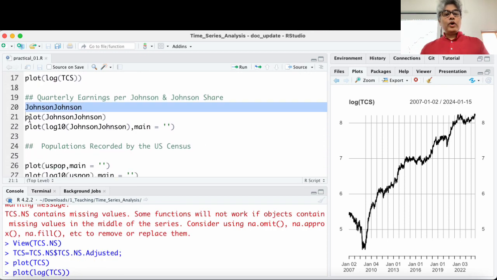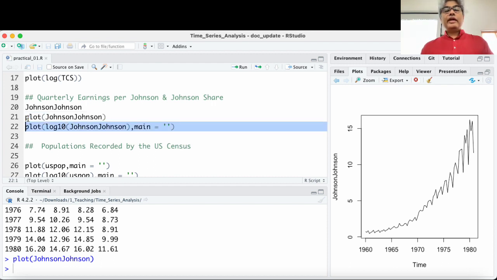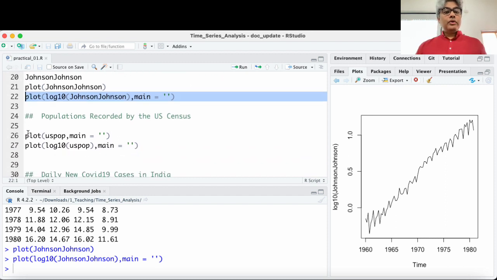Then if you plot that, you can see that during 1960 to 1980, Johnson & Johnson's profit per share was growing at an exponential rate. And if I take a log transformation base 10, we see a similar pattern, that it gets stabilized, and we see a log linear trend in the Johnson & Johnson's profit per share.